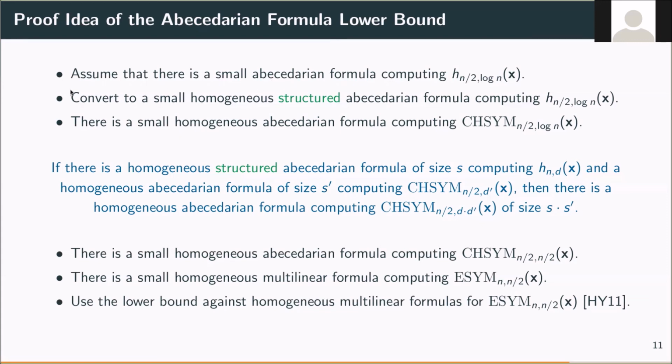So we don't know how to come from general formulas to this step. We need the abecedarian structure to get the structured abecedarian formula. We don't know how to come from general formulas to structured abecedarian formula. So that's all I wanted to say about this proof.